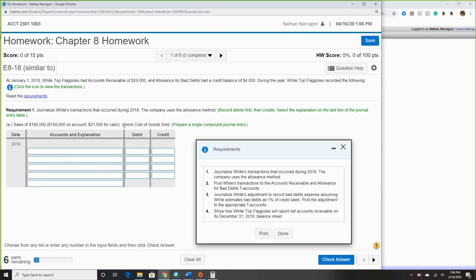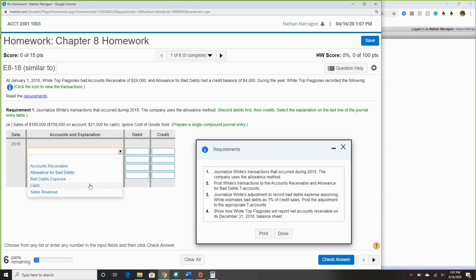Now remember, it's telling you to do it as a single compound journal entry. And the reason why is because their sales is mixed into 2 parts: their credit sales and their cash sales.